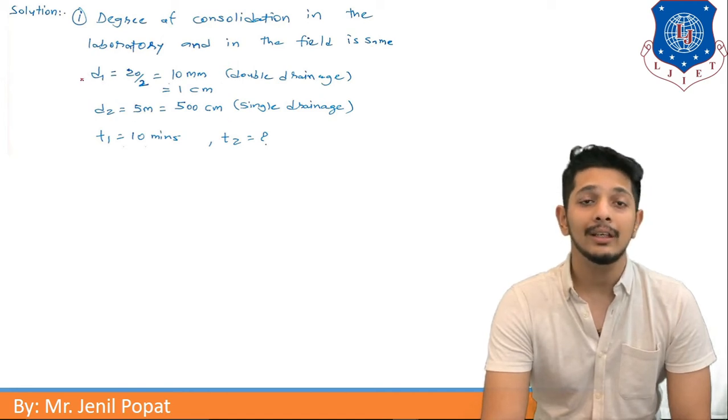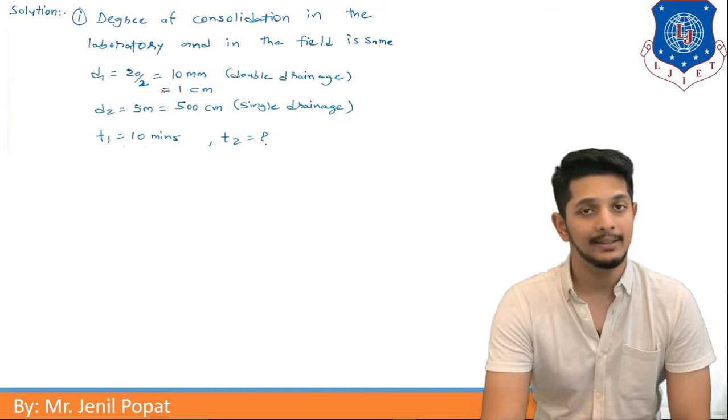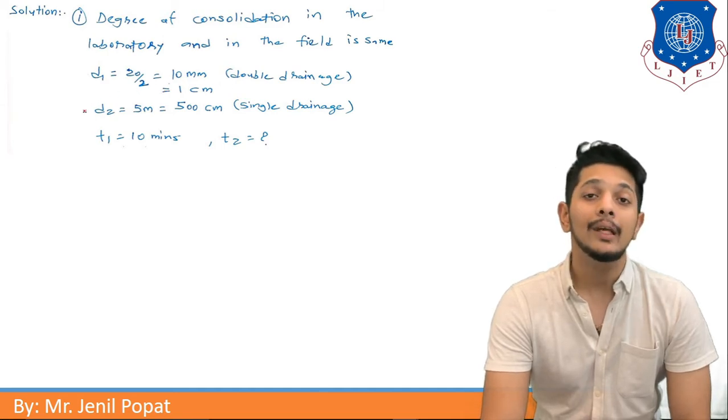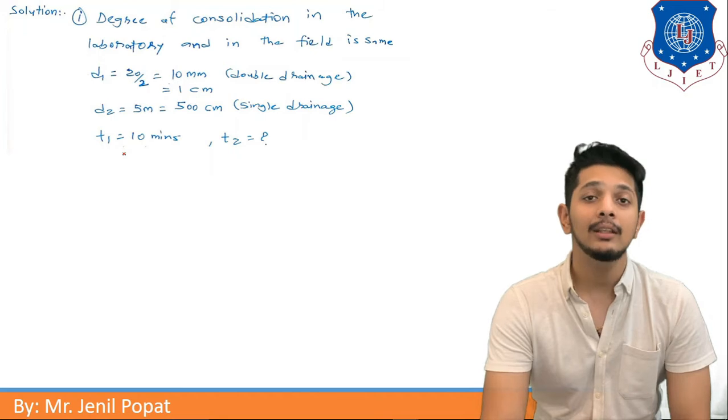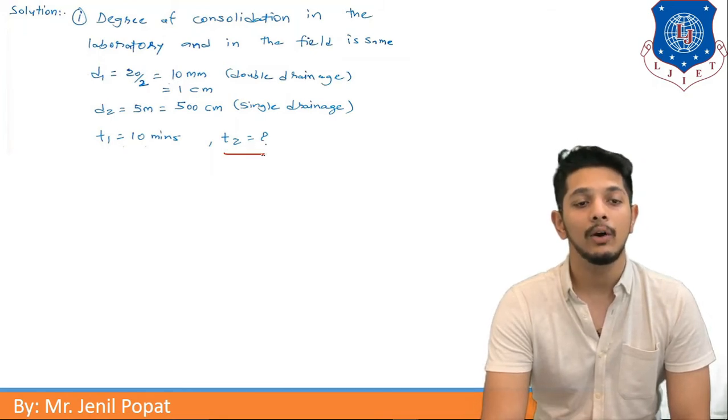Now in first case there is D1, that is double drainage, so 20 by 2, that is 10 mm, is equal to 1 centimeter, and D2, in this case it was single drainage condition, so we can take D2 is equal to 5 meter, that is 500 centimeters. Now time taken in the first case, that is T1, is equal to 10 minutes and T2 is to be found out. Let us find T2.